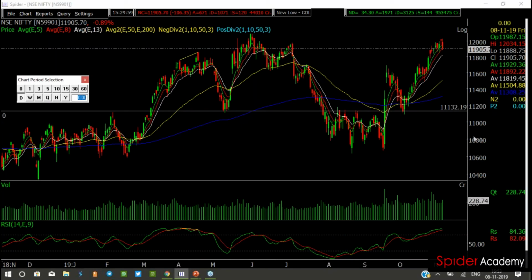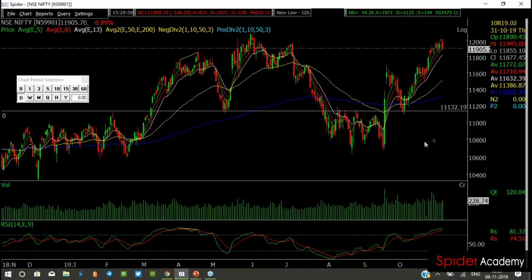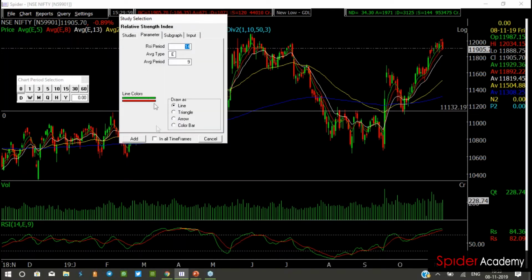This is one system which I follow, wherein I have added multiple moving averages and divergences. So what we are going to do over here is add RSI with the other two range parameters that I have told you, which we get over here.